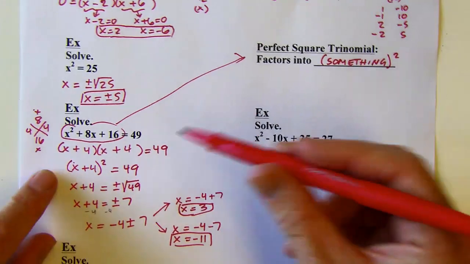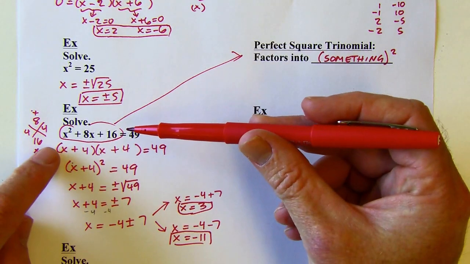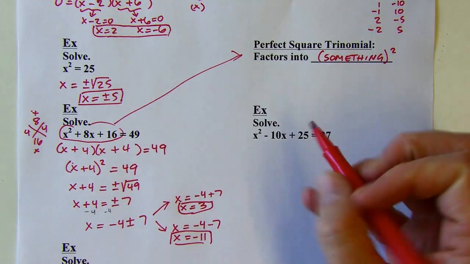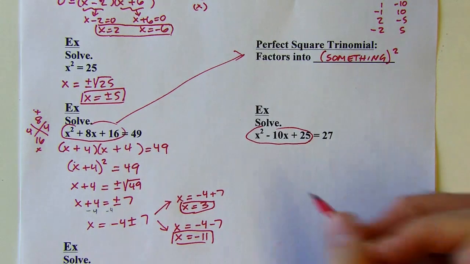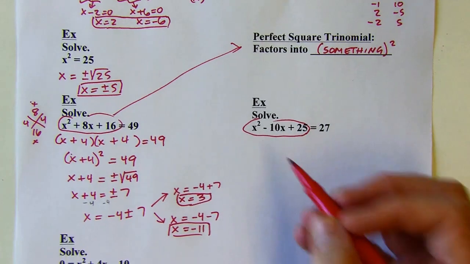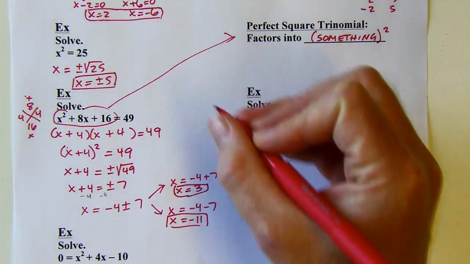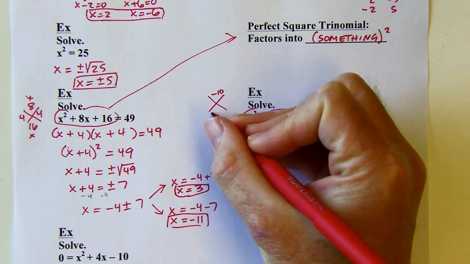So this one was kind of a setup because the left side of the equation was already set up to be a perfect trinomial. And that same thing is going to happen on this next problem. So you could go ahead and try this one out, but we'd want to factor this first, okay? So if I factor this, I'm thinking, okay, negative 10 and 25.